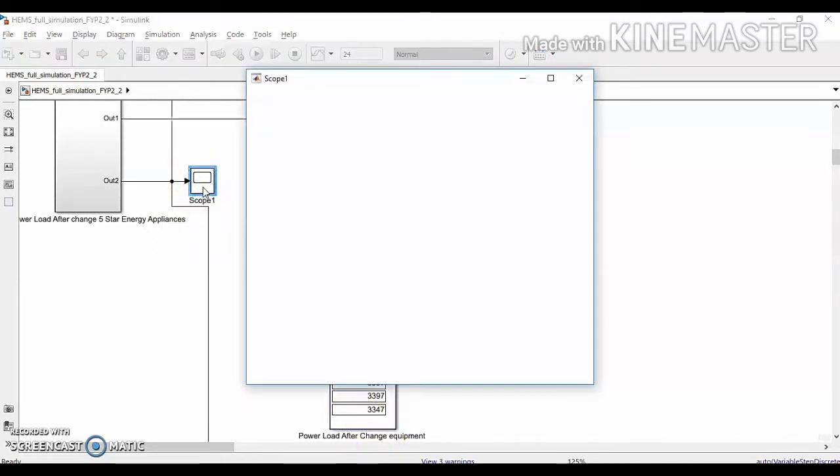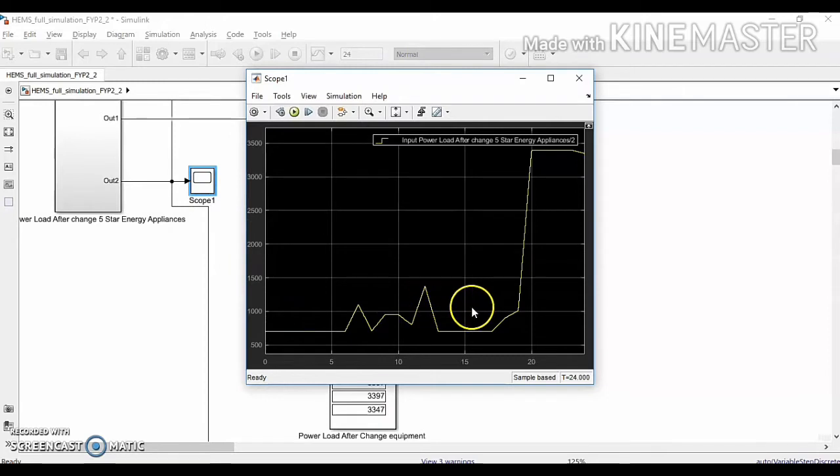For the graph, we can see the peak hour is around 8 p.m. and above. Actually, we need to flatten this peak, and we need to do the valley filling activity. We fill to the off-peak hour.